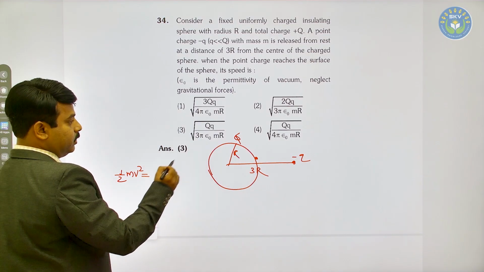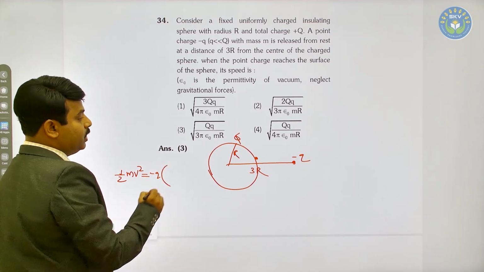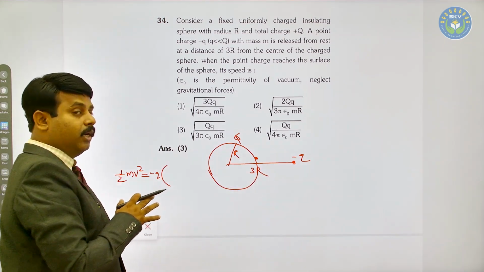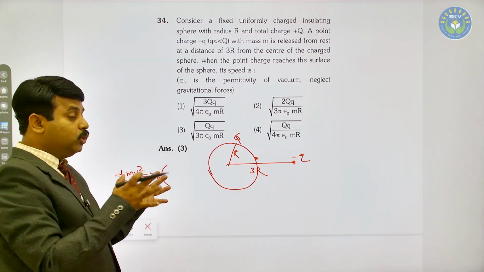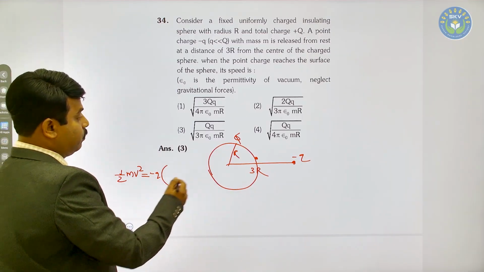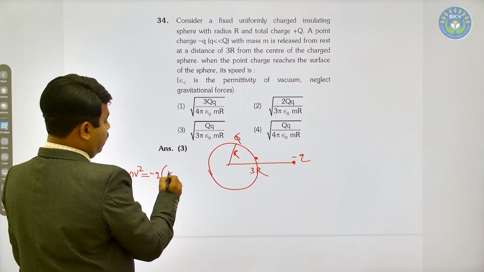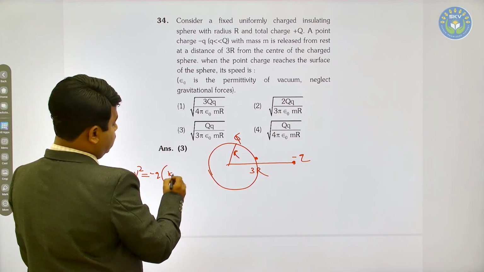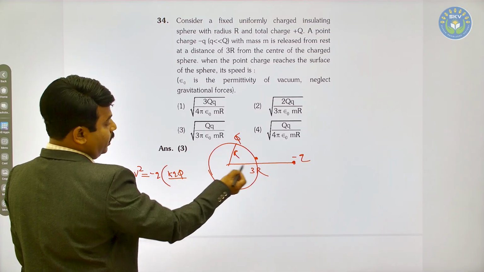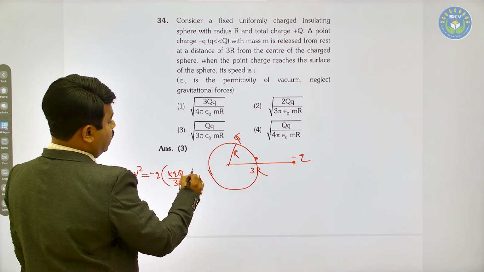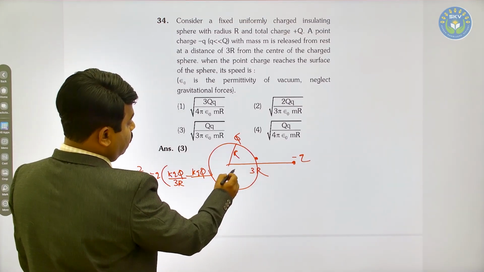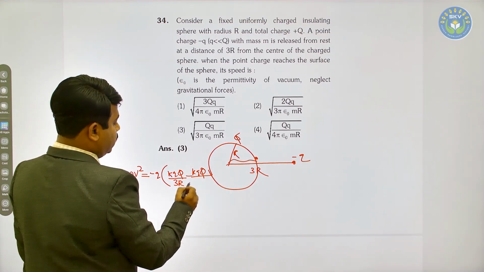For this moving charge, suppose this point, what is the potential difference? The work done is the charge into the potential difference, and that is converted into kinetic energy, right? What is VB? K minus Qq, right? That is kQq divided by initial separation 3R, minus kQq divided by final separation, what? That is R only, if it reaches the surface.